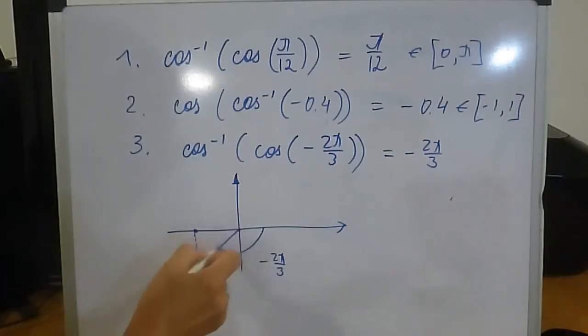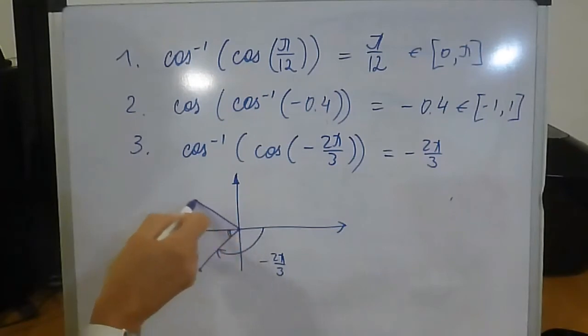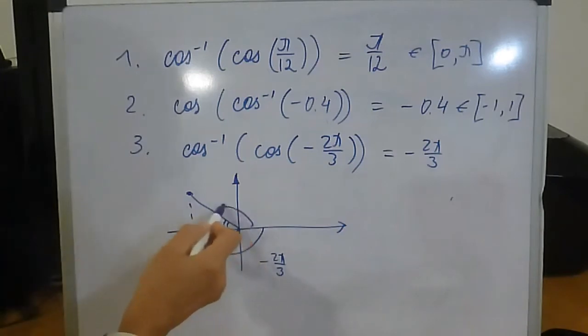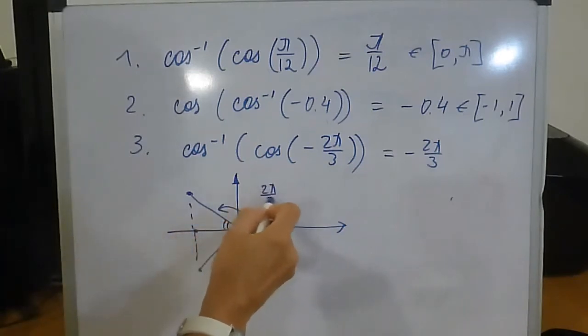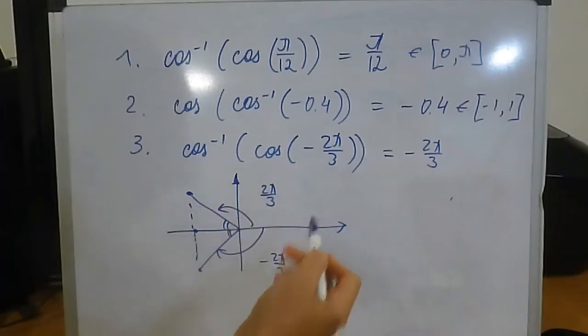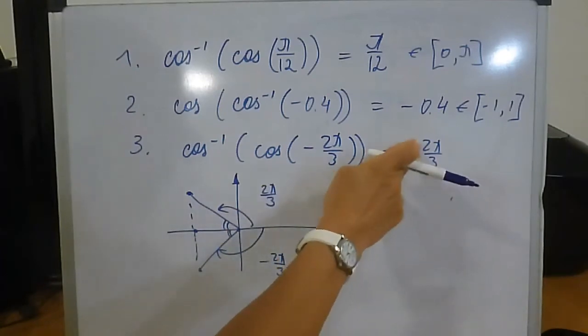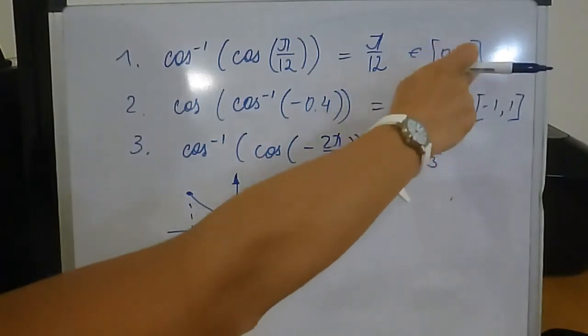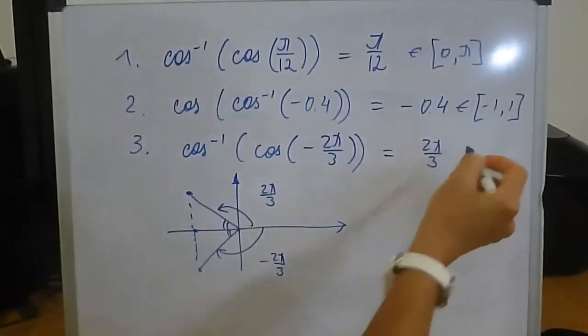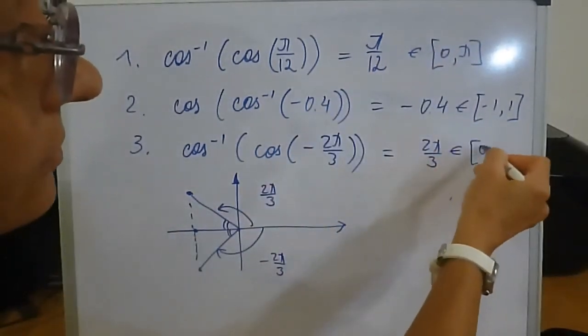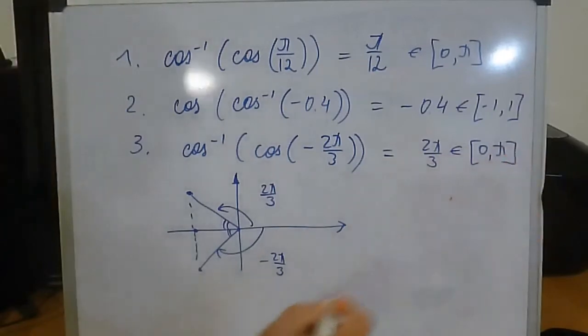Just imagine a symmetrical angle to this one. It's going to produce the same x coordinate. What is the angle here? 2 pi over 3. So that's going to be the answer, 2 pi over 3. And this 2 pi over 3 fits our range. Well, try some problems from the homework at this time.